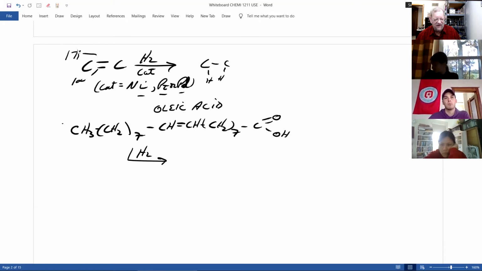If I add hydrogen and nickel, what do I get? I'm going to let you try that. Now, remember, this is a carboxylic acid, and a carboxylic acid will not react with hydrogen and catalyst. So it's your turn.